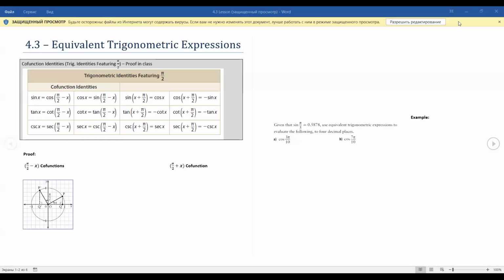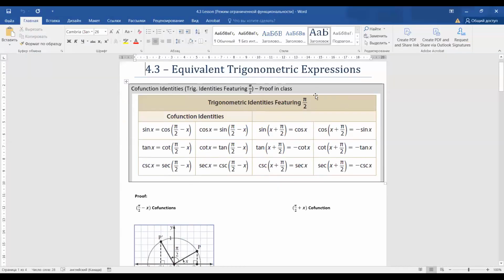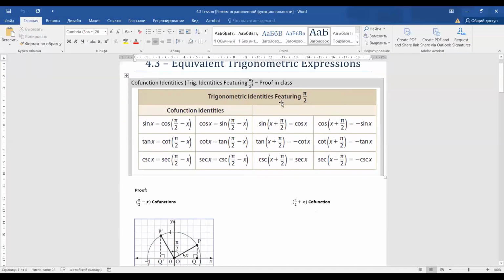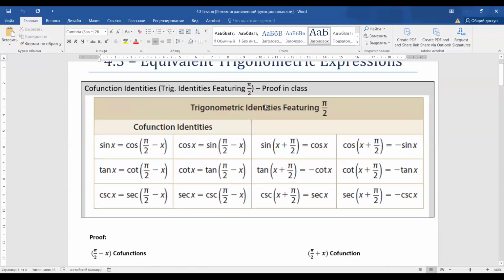Please take a look at the screen now. And we're going to talk about equivalent trigonometric expressions.